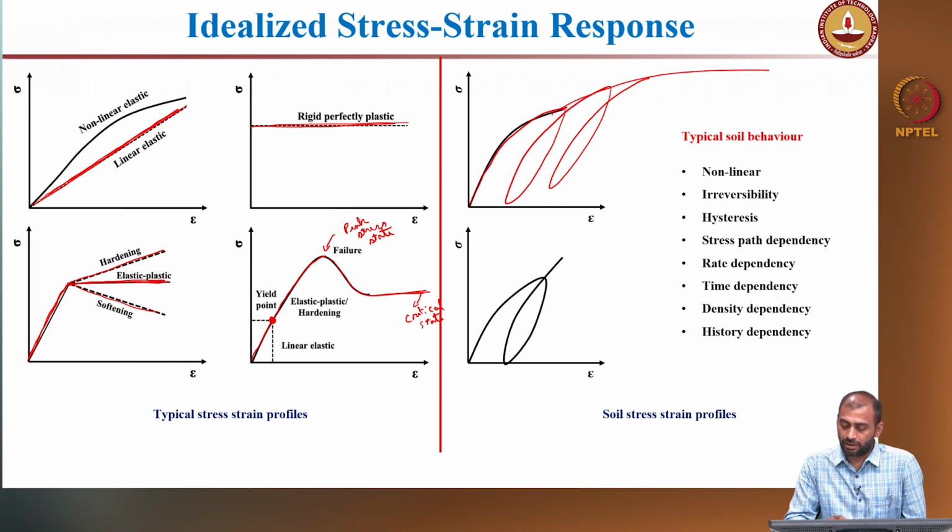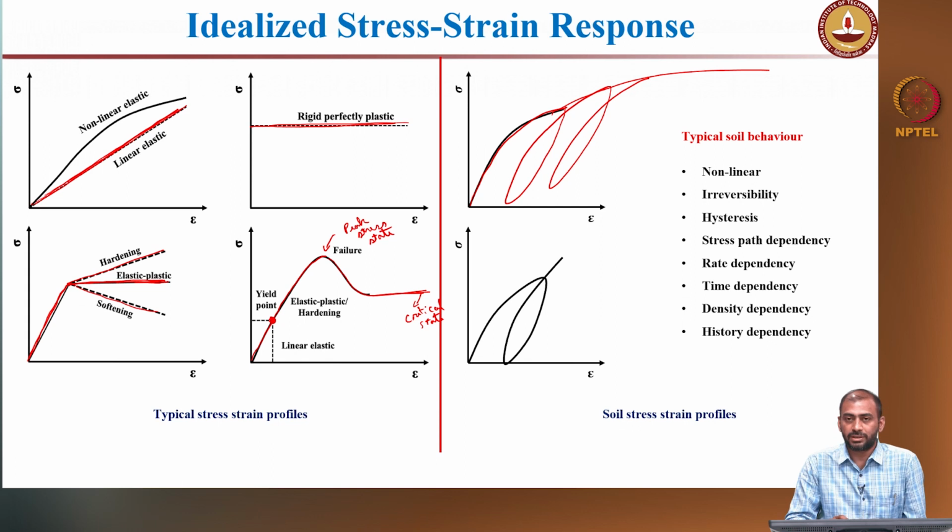So you have hysteresis, you have irreversibility, you also have stress path dependency. What is stress path dependency? When you perform a compression test, the material response is different. You will have a different strength when you are performing a test on a soil specimen under compression, and you will have a completely different response.